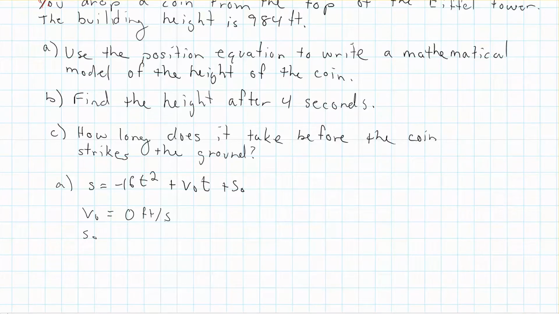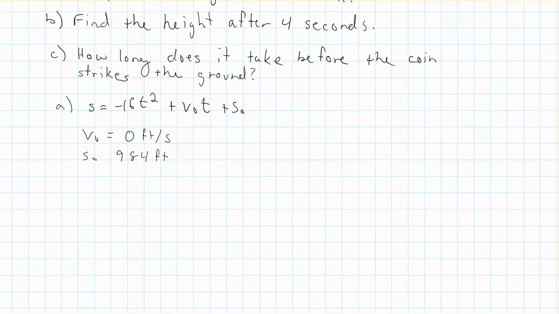Now the initial height, well, they give us that in the story problem. The Eiffel Tower is 984 feet tall. So then our equation here would be s is equal to negative 16t squared plus 984. Now part B is pretty straightforward. Part B is just wanting to know the height after 4 seconds.